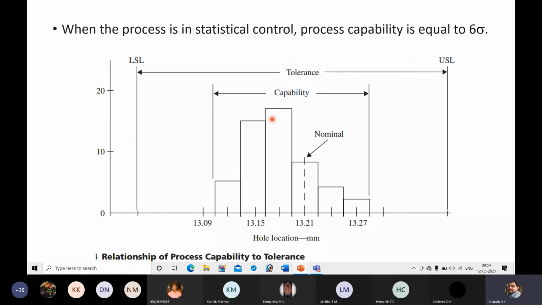Acceptable limits are wider, but because the process is in statistical control, you are able to produce almost all products nearer to the mean value. That will represent the capability of the process.